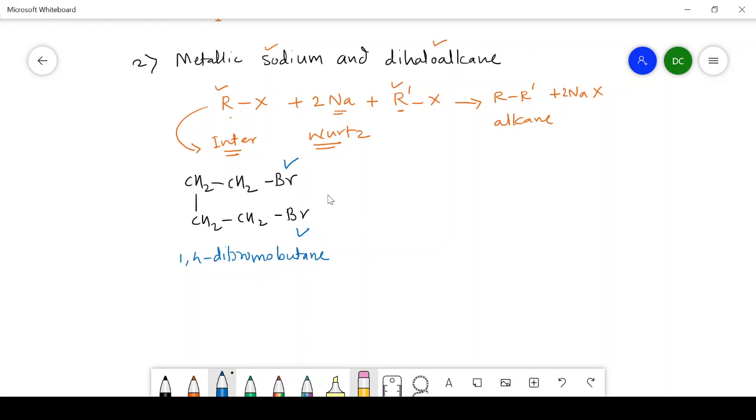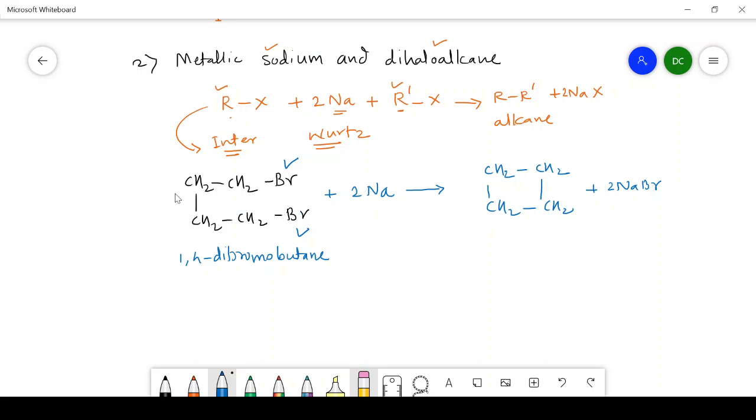And when it is treated with metallic sodium, two molecules of sodium, then these Br groups are eliminated, and the bond between these two carbons is formed, and we get CH2 single bond CH2, CH2 and CH2. So there is a cyclization of this 1,4-dibromobutane to form cyclobutane with the elimination of sodium bromide.